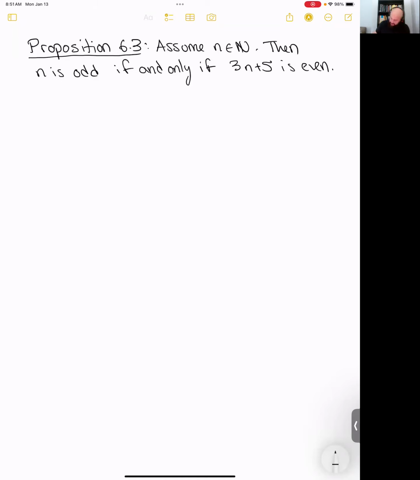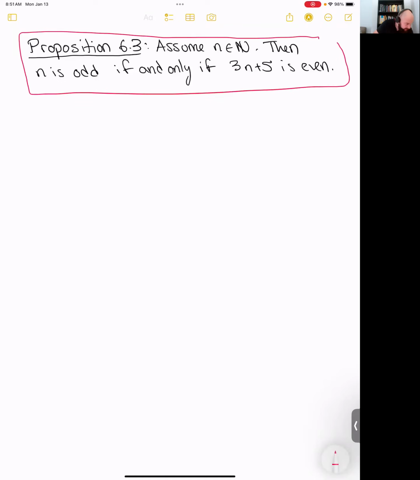So another even and odd example to keep things simple. And let's do a little proof sketch where we're just going to think about the logic here.